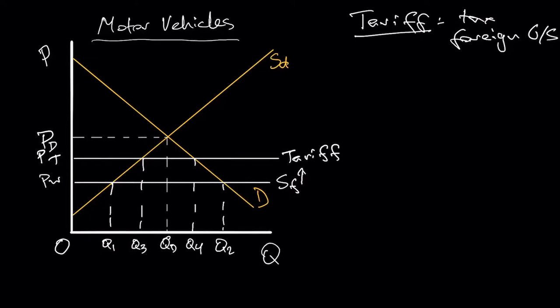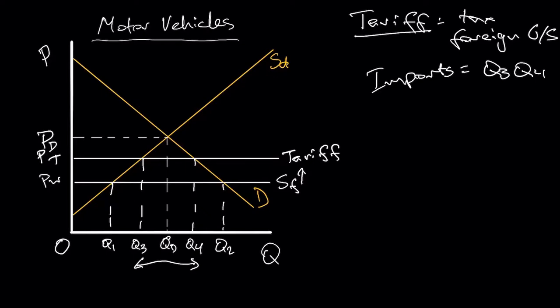First thing we need to establish is that the value of imports has actually decreased. The amount that we're importing has fallen from Q1, Q2 to Q3, Q4, and that has important implications for what we're going to look at in a moment.